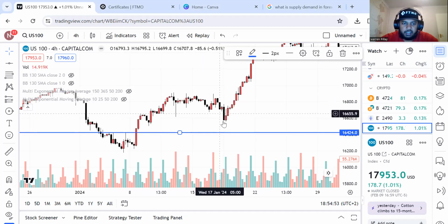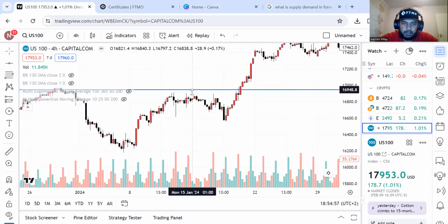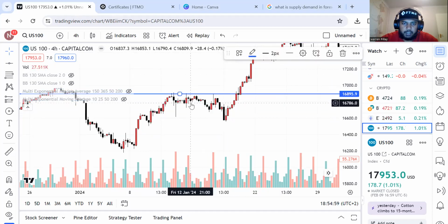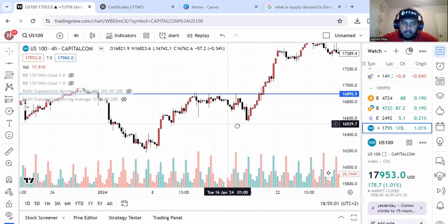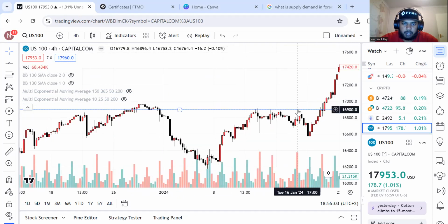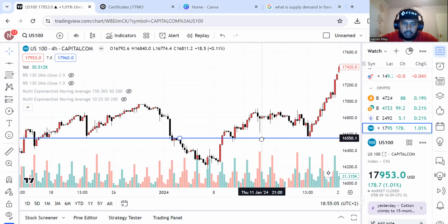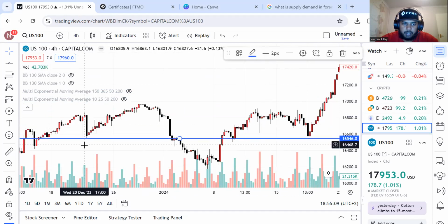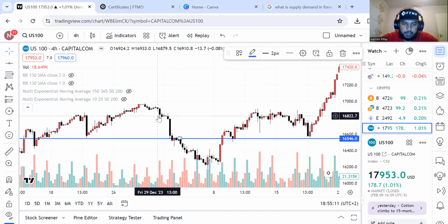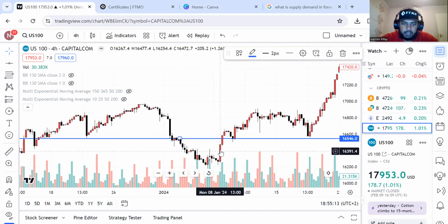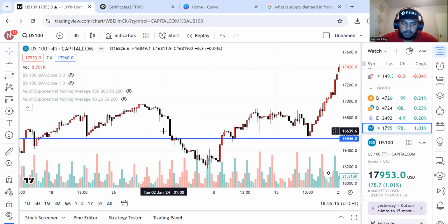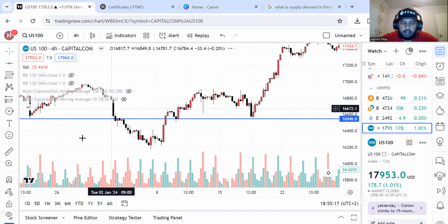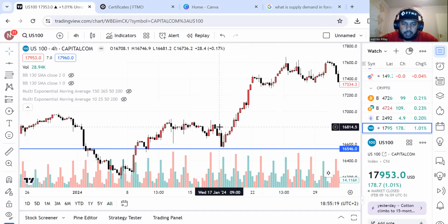So when it breaks through resistance, it becomes support once it's above. And when it breaks through support, it becomes resistance. You can see it comes through. Right. So that's support and resistance, right?